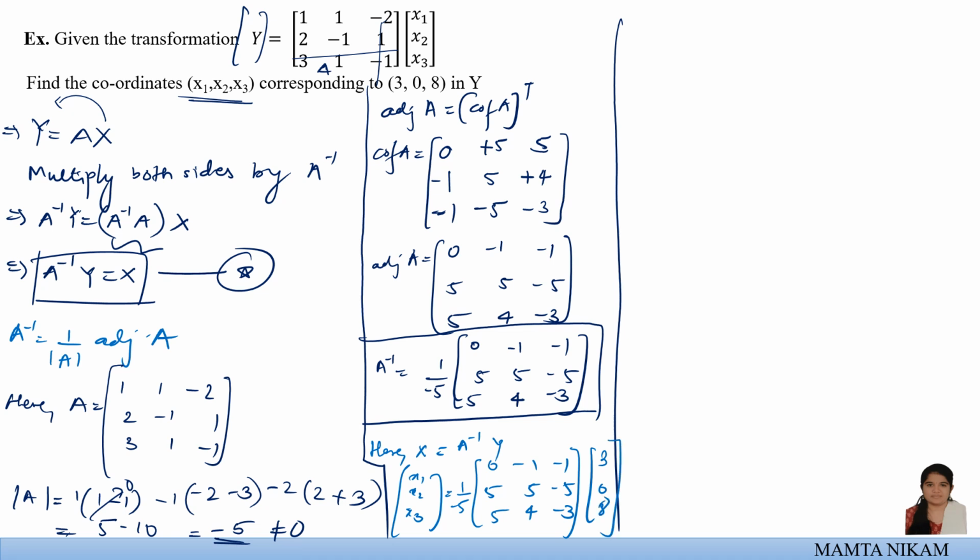So now when we multiply this on the right hand side, 1 upon 5 minus 1 upon 5 as it is, this becomes 0 0 and minus 8. Then this becomes 15 0 and minus 40, so 15 minus 40 is minus 25, and then 15 0 and minus 24, so 15 minus 24 is minus 9. So therefore what will be x1 x2 x3?